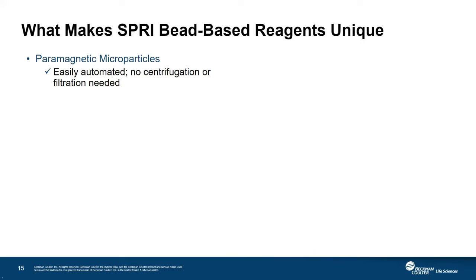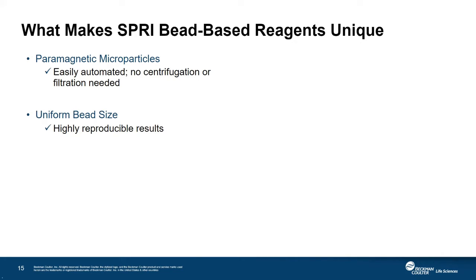There's really not a great linear correlation between that. You're always going to see some differences when you do automate or when you miniaturize a process. But again, these are easily automatable, easily scalable. You don't need that centrifuge, save for the lysis step. Obviously, that lysate clearing can require a centrifuge, and you don't need filtration.